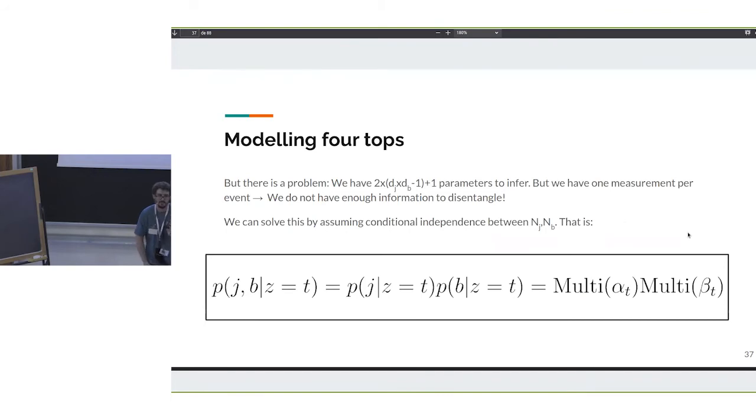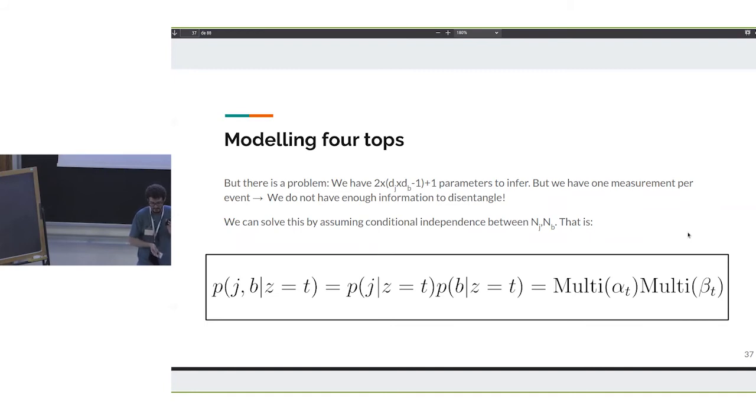However, if you try to run some inference here, you see that the model is over-parameterized. Because each distribution is a multinomial, each class can absorb all the data.